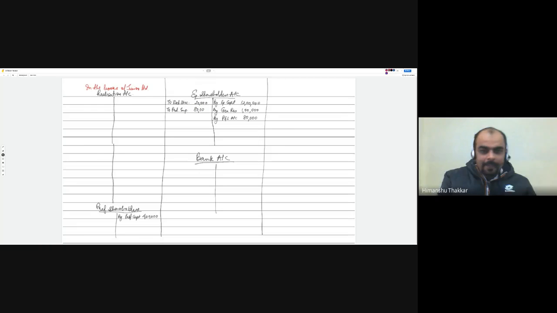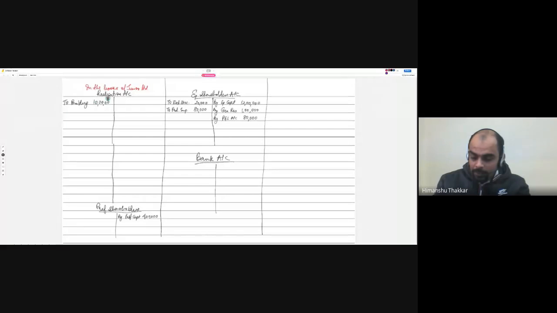Now come to the realization account and transfer the original assets, the original values. You don't take new values when you transfer the assets and liabilities to the realization account. So on the debit side too, building at original values. No new values will be considered here because you are writing in the books of Junior Limited, closing the books at the original values.